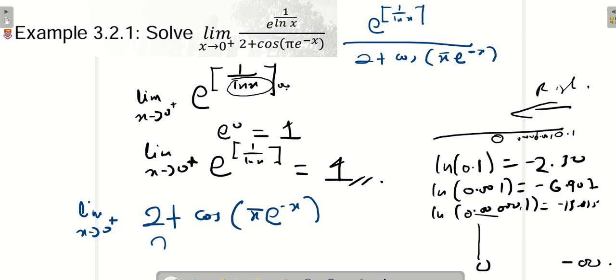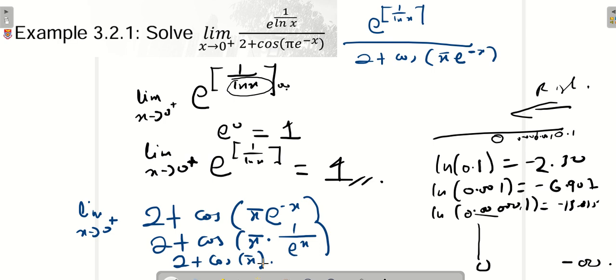Now here we will have 2 plus cos pi, then here becomes 1 over e to the power x. Now as x is approaching 0, if I substitute 0 here, e to the power 0 is 1. 1 over 1 is 1. So finally I'll still get 2 plus cos pi.